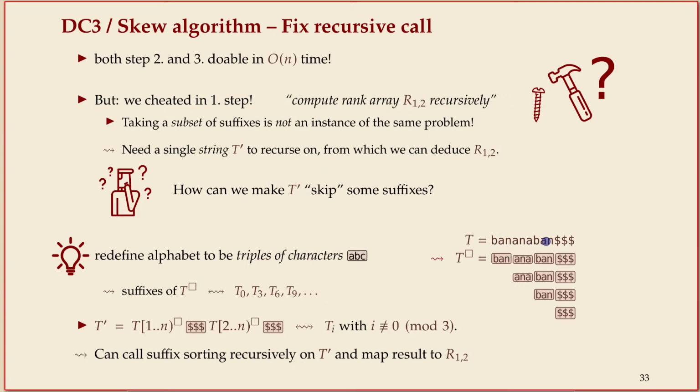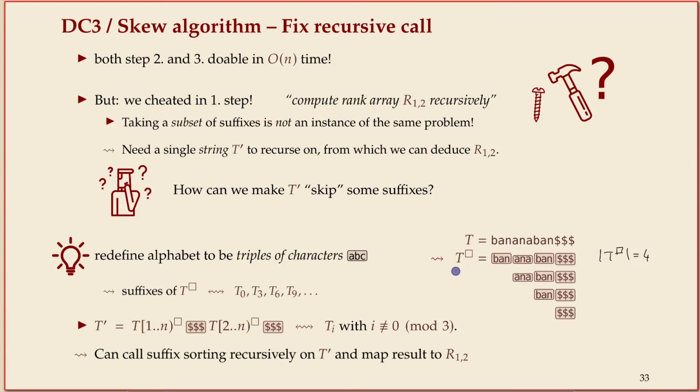So if my original string was this, my new string t box is always 3 characters boxed together. So in particular, I would write that the length of t box, the number of characters here, is just 4, right? There's 4 boxes. That there's stuff inside the box is kind of hidden in the definition of the alphabet.